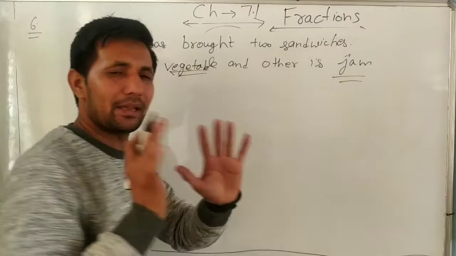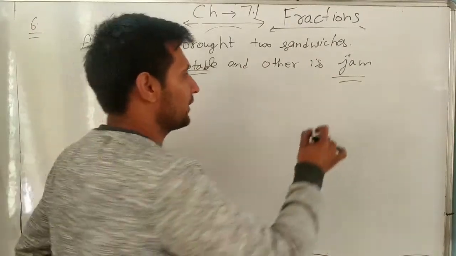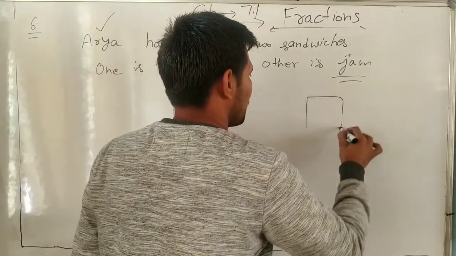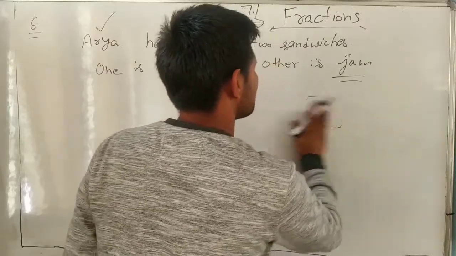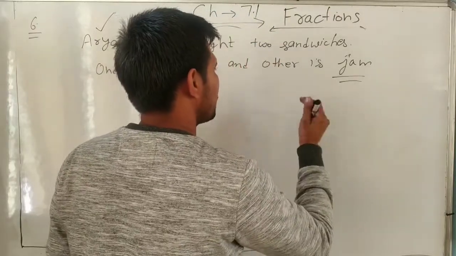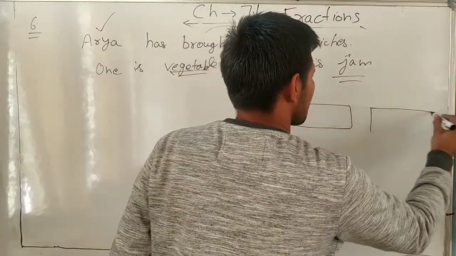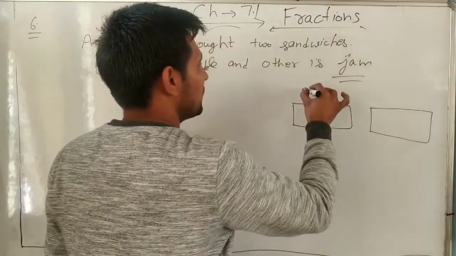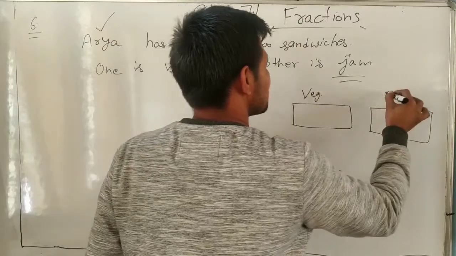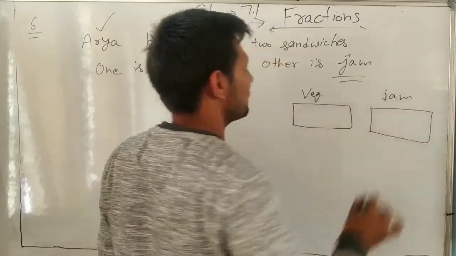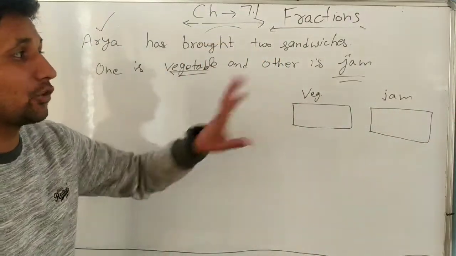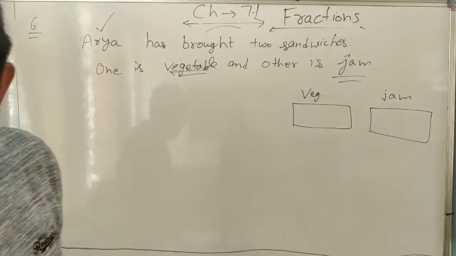Suppose I make a figure. Two sandwiches. This one is the first sandwich, and it is the second sandwich. One is a vegetable sandwich and the second is a jam sandwich. Arya brought them, but the other two friends forgot to bring their lunch.